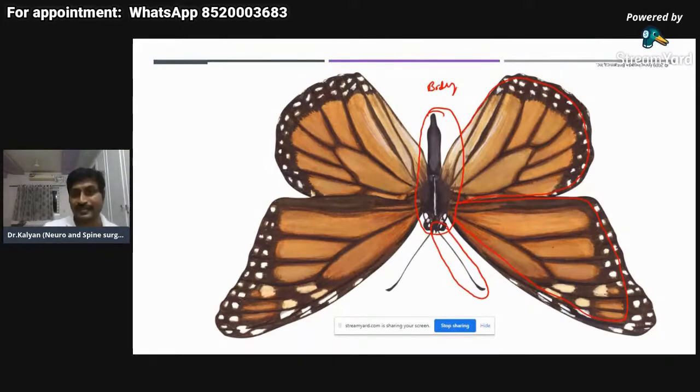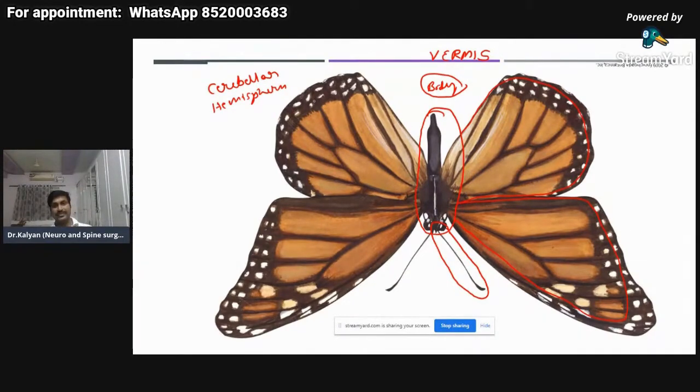The body of the cerebellum is known as the vermis. These wings are known as the cerebellar hemispheres. So the cerebellum is just like a butterfly.